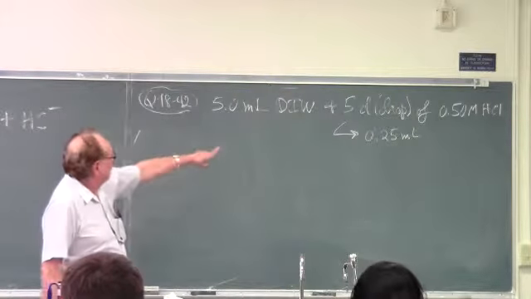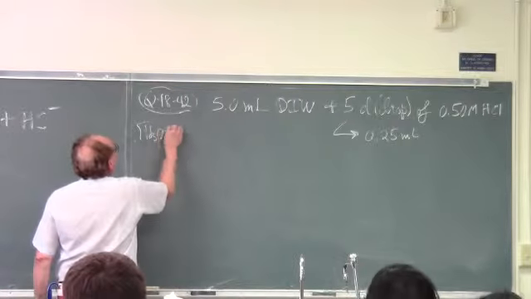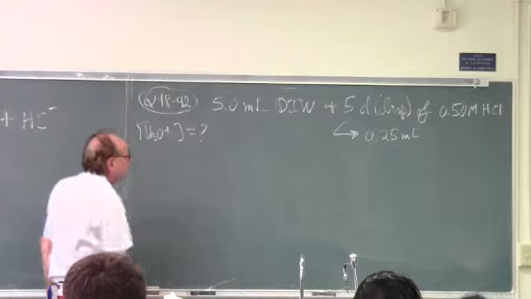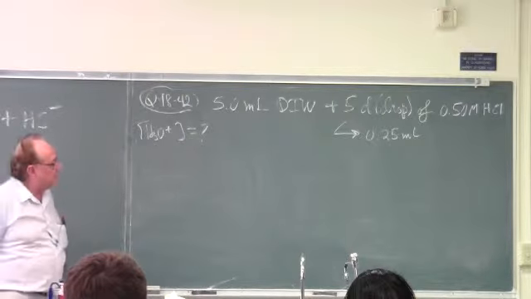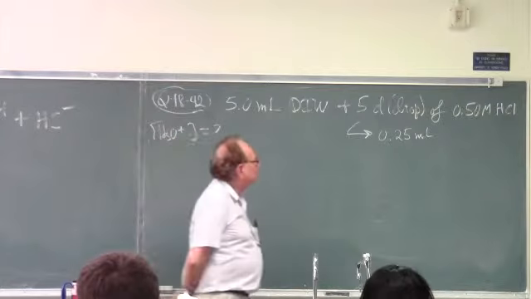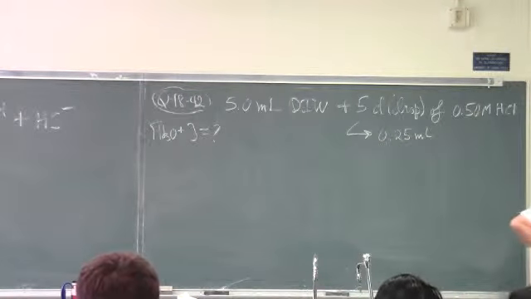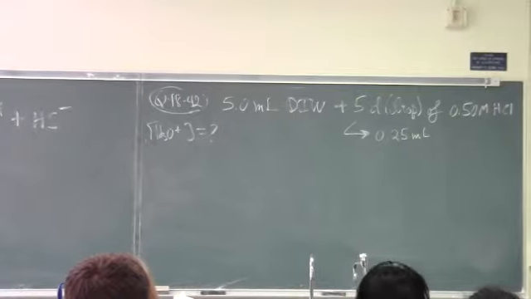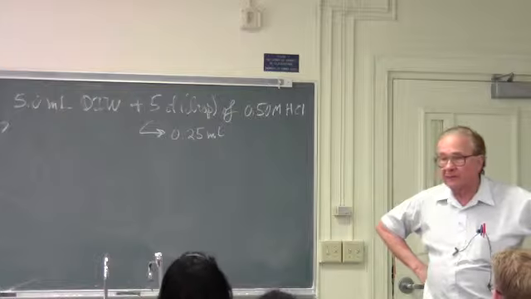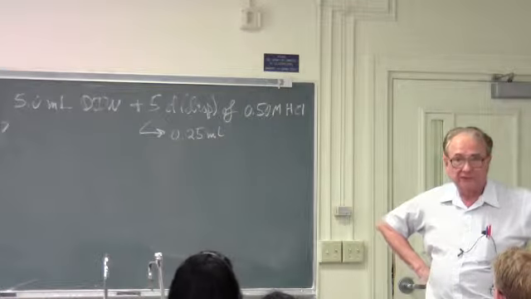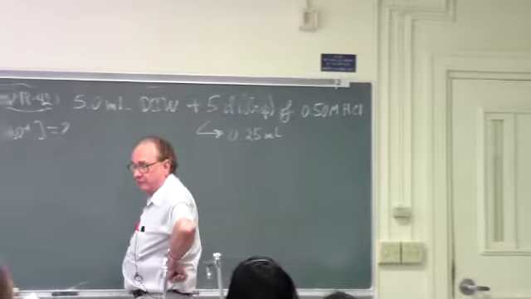So to figure out the hydronium ion concentration for this system, I figure out how many moles of hydronium ion I have in 5 drops of my half molar HCl solution. And I divide it by my solution volume, which in milliliters is 5.25 milliliters. Nothing fancy about this. This is simple solution stoichiometry.